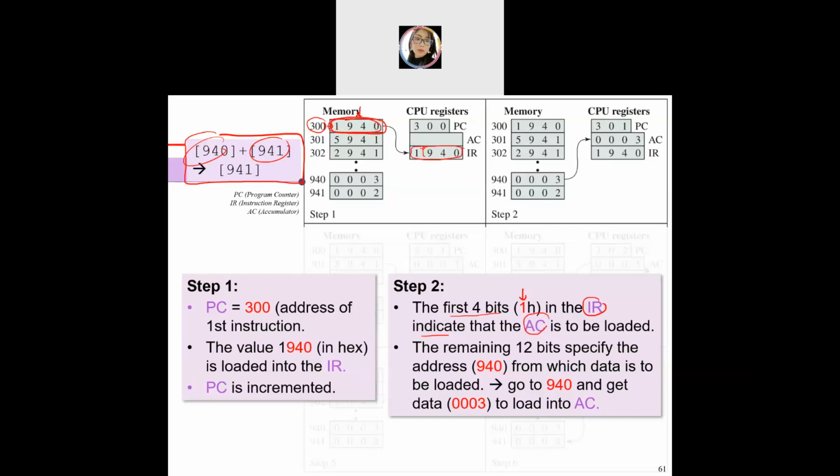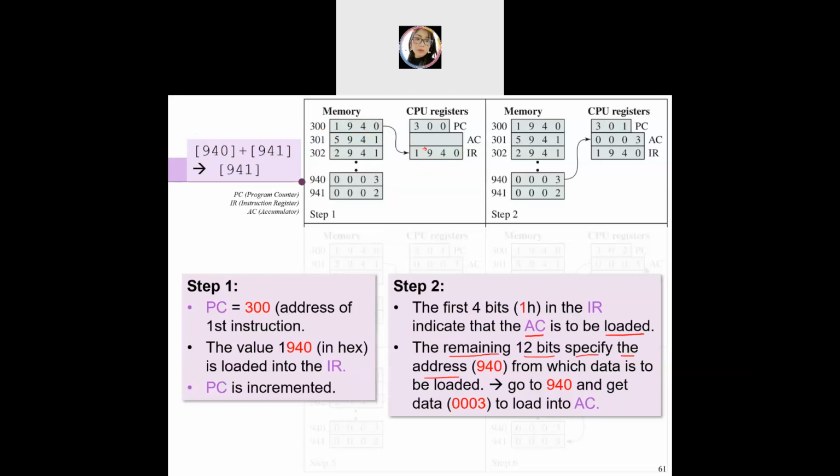This first 4 bits indicates whether it is going to load to your AC or not. If it's 1 here, it's going to be loaded to your AC. But from where? You look into the remaining 12 bits, which specify the address.